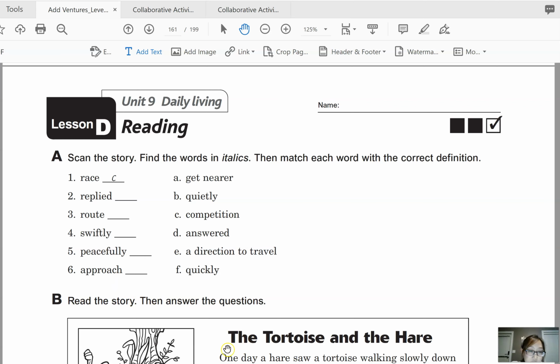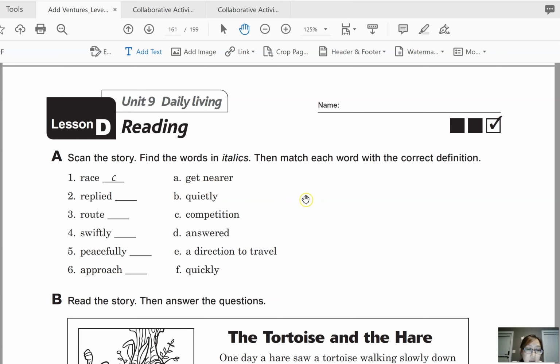And since we haven't seen the story, we may not know the part of speech, but if we look at the answer, we can conclude that in this case, approach is used as a verb, get nearer. So we do not need to say an approach is. We can just say approach means to get nearer, or just approach means get nearer.